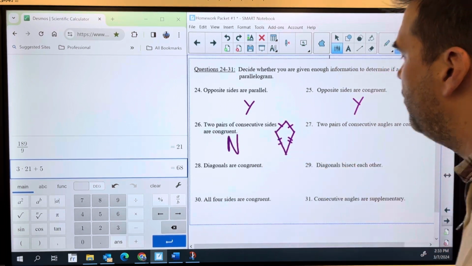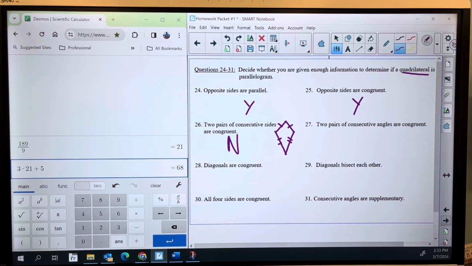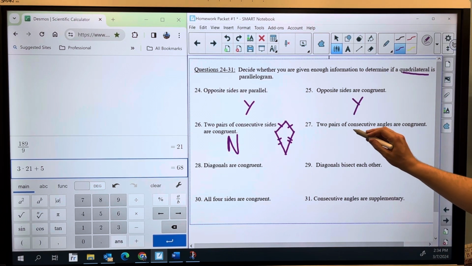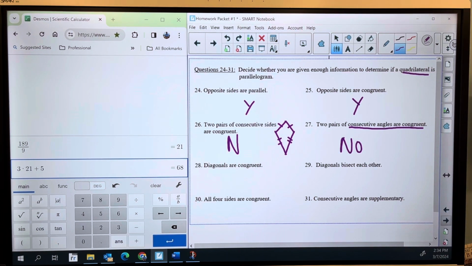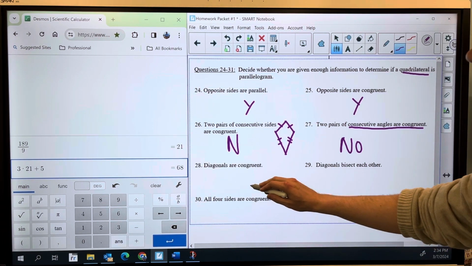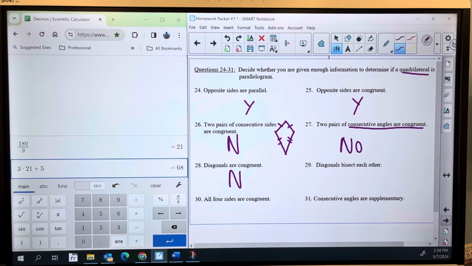So that's a no. 2 pairs of consecutive angles are congruent. I mean, consecutive angles are congruent. That's an immediate no, right? We want those consecutive angles to be supplementary, or opposite angles to be congruent. Diagonals are congruent. No, I want the diagonals to bisect.